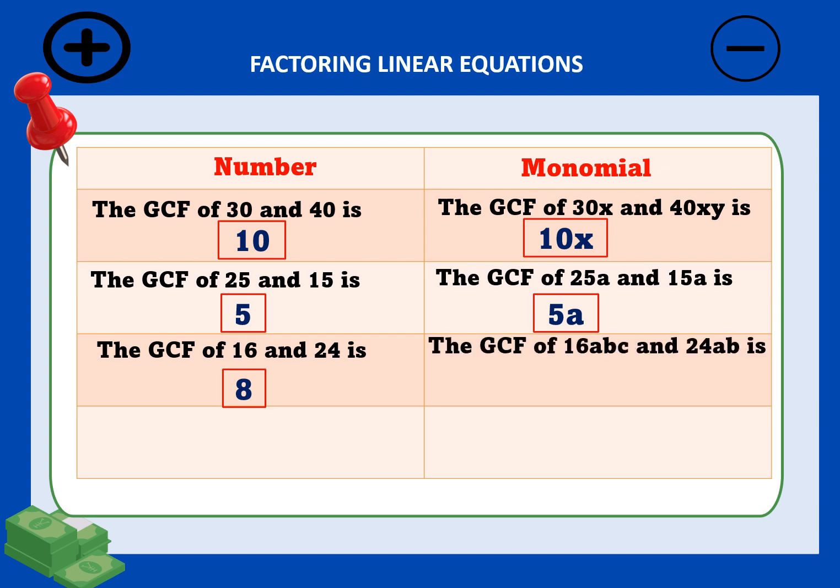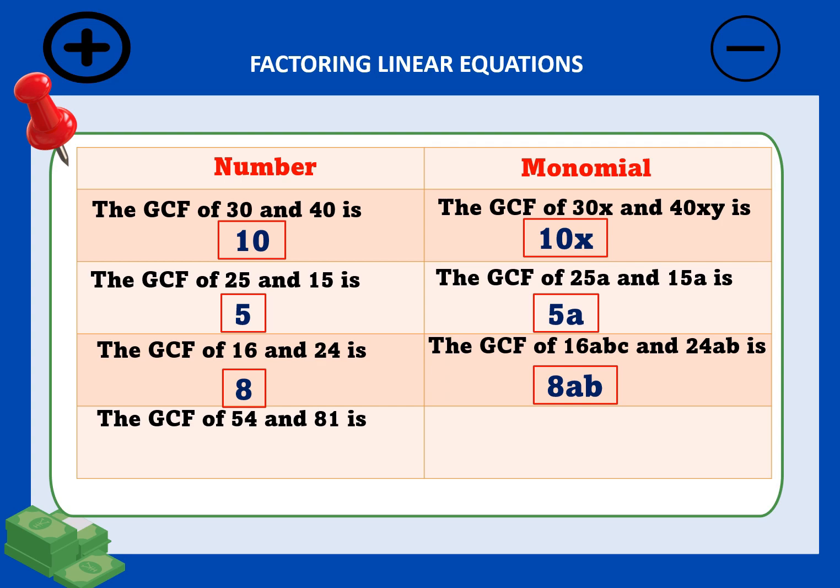What is the GCF of 16ABC and 24AB? Yes, you are right. The answer is equal to 8AB. 8 is the greatest common factor of 16 and 24, and AB is the common factor of ABC and AB. Another one, what is the GCF of 54 and 81?